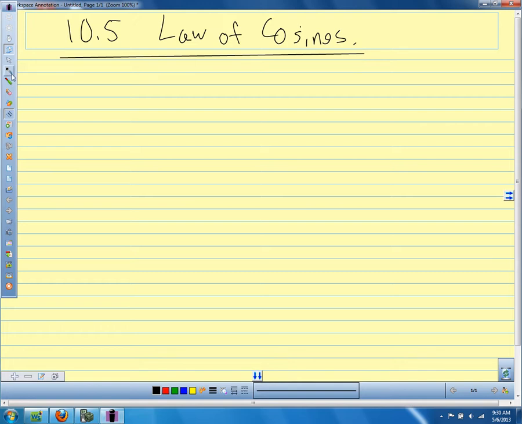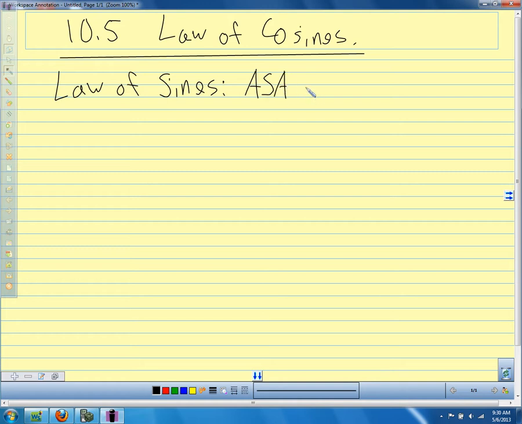All right. Before we talk about the law of cosines, let's remember which kinds of triangles we said that we could use the law of sines for. So we said we could use the law of sines when we had angle side angle, angle angle side, or side side angle.